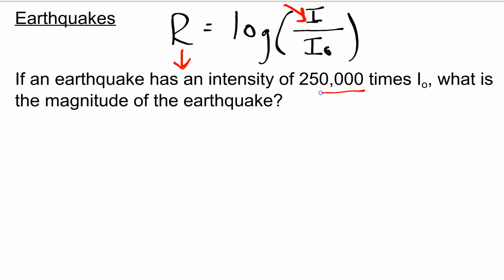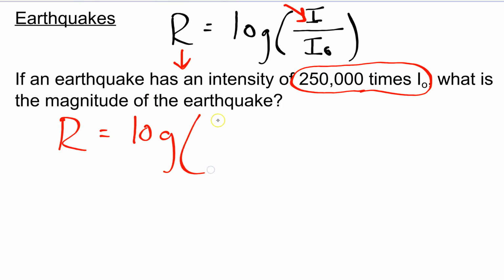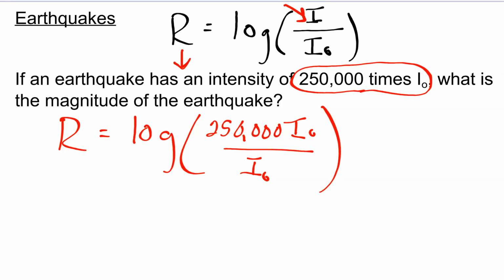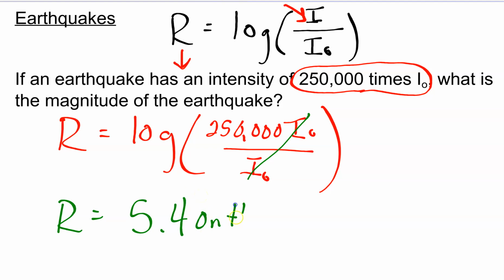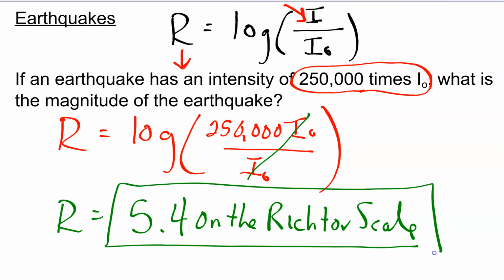So it's going to be the log of 250,000 times I naught over I naught. And notice every time these will cancel out. So then you're just going to have the log of 250,000, which ends up to be, and we round these to the nearest tenth, 5.4 on the Richter scale. So that earthquake was 5.4 on the Richter scale.